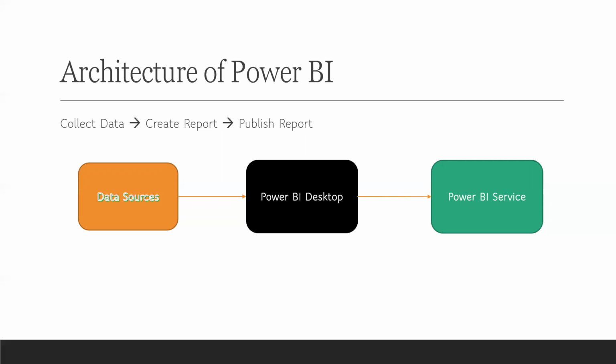So these are the 3 main tasks in Power BI: collecting the data, massaging the data, doing the data mining and analysis, and then you create dashboards or reports. And then you publish that report where other people can also look at it, so that one report will be available throughout your organization.